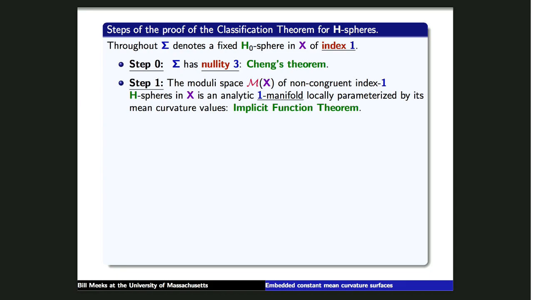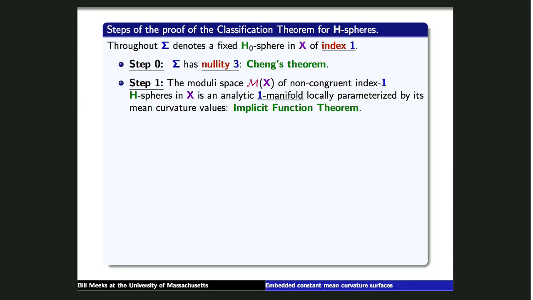So I'm going to work with this moduli space: non-congruent index 1 spheres. Okay, so remember index 1, I'm not looking at all spheres, I'm just looking at these. Then that's an analytic one-dimensional manifold. So if I take a given sphere, since it has index 1, nullity 3, I can apply the implicit function theorem, so there's a curve of spheres nearby it that have changing mean curvature.